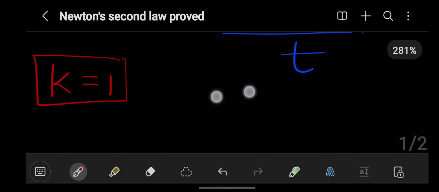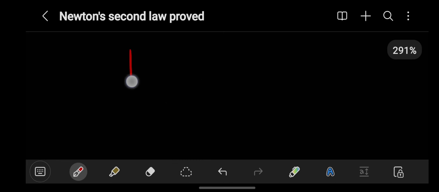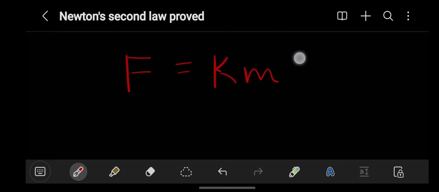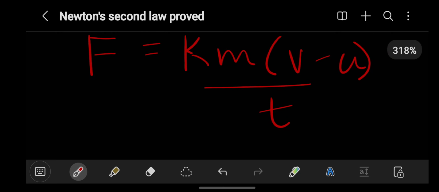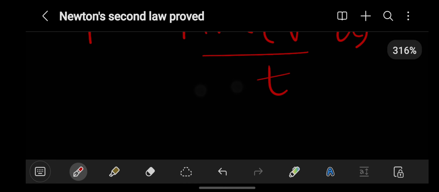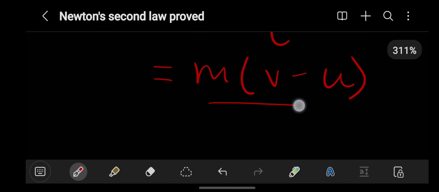If we apply it, we end up with this: F equals k m(v minus u) by t. Since k is 1, we can just neglect it. We get m(v minus u) by t.